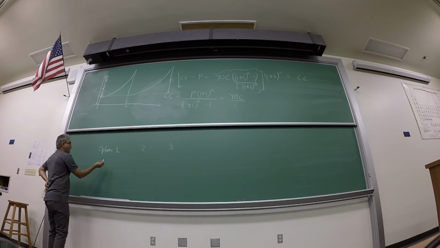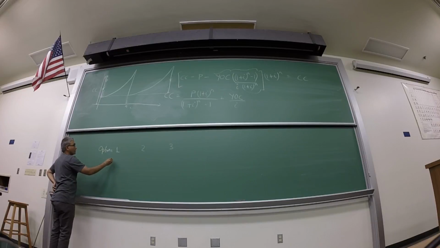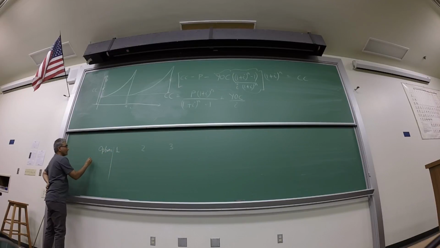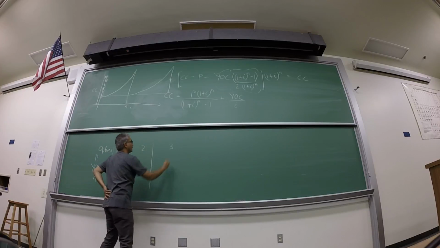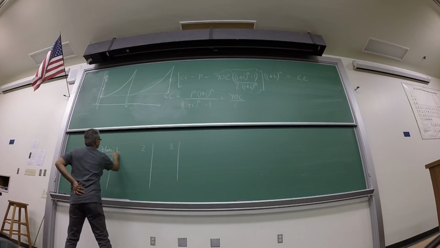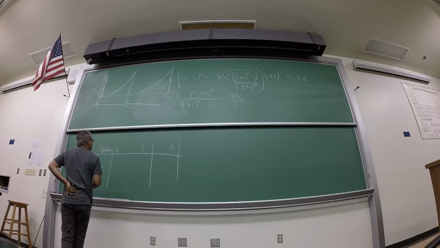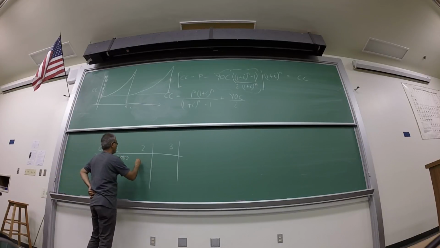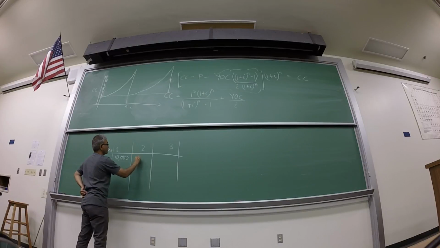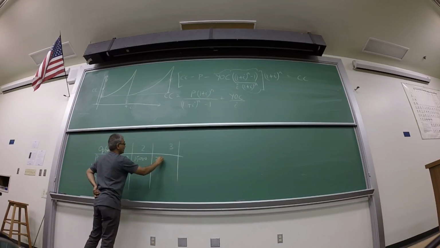So option 1, pump A, let's say we have the cost, the yearly operation cost, and the number of years. Let's say pump 1 costs 10,000 to buy, this costs 15,000, this costs 20,000.